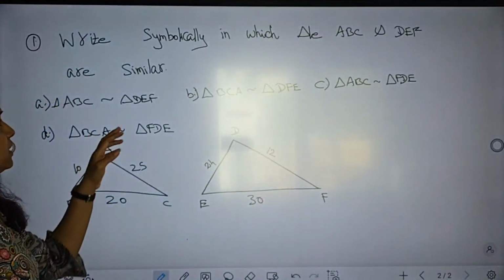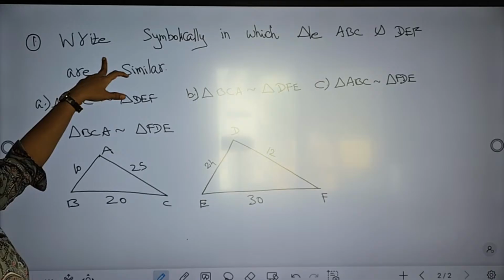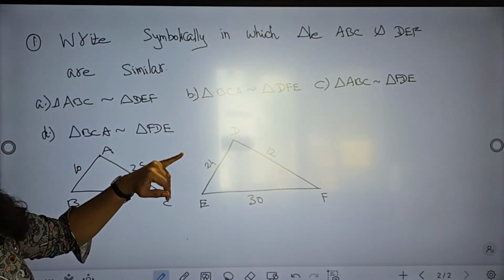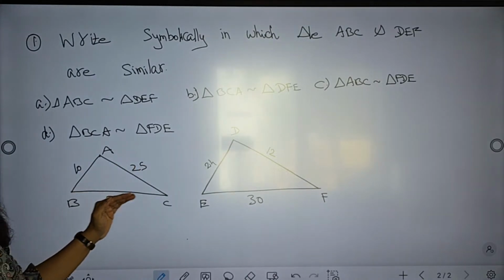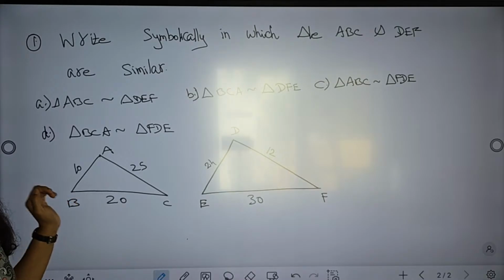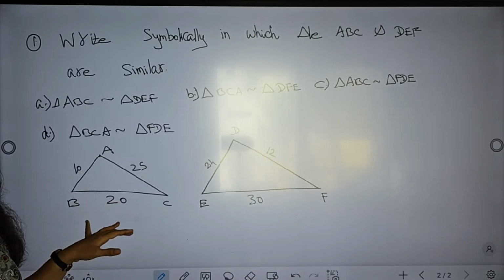Okay. So what is given, we need to write symbolically in which triangles ABC and DEF are similar. We need to find the similarity of triangles, right? So how can you prove the similarity of triangles?